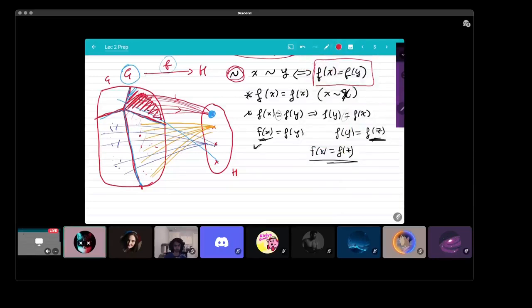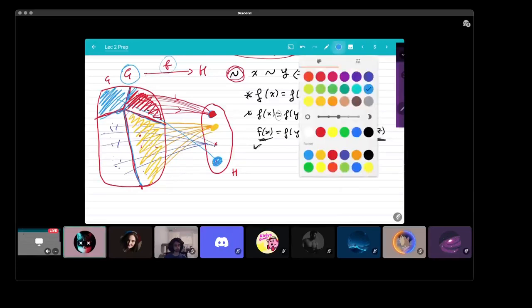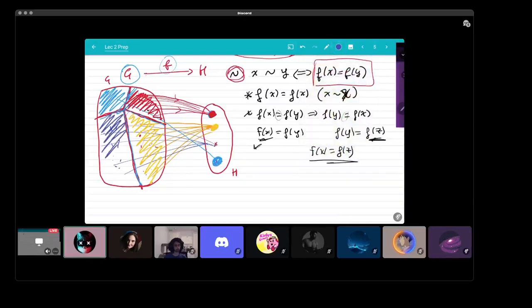So this corresponds to this. This area corresponds to the second element of H. This corresponds to this, and this corresponds to this. So it is a bijection.